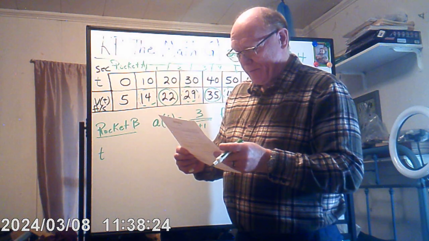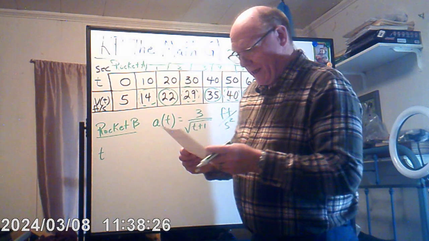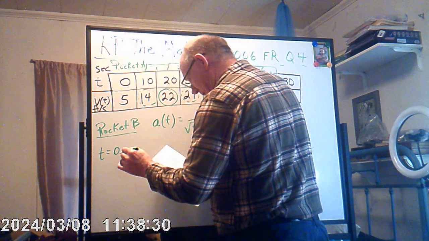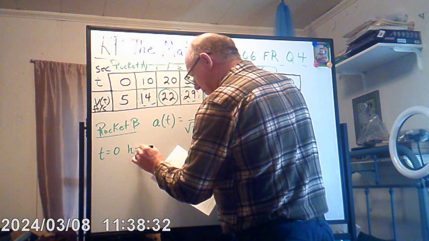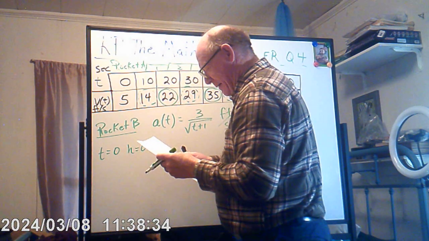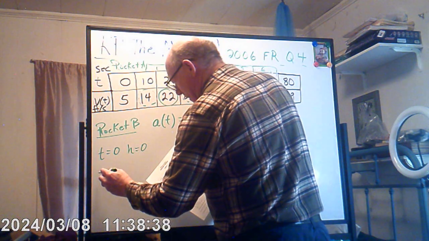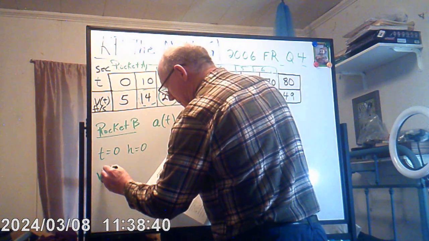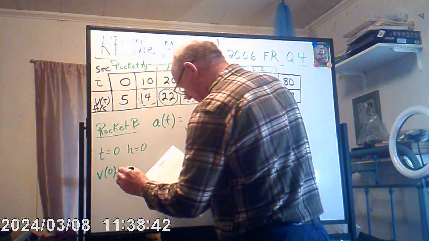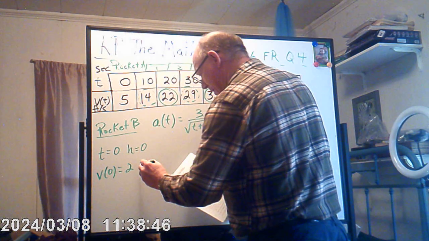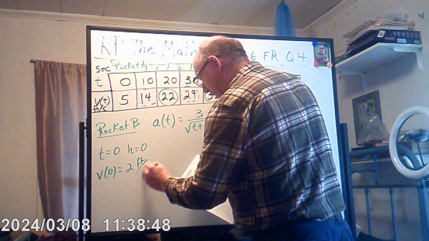Okay, at time T equals 0, the height is equal to 0, and the initial velocity, alright, so B at 0 is 2 feet per second.